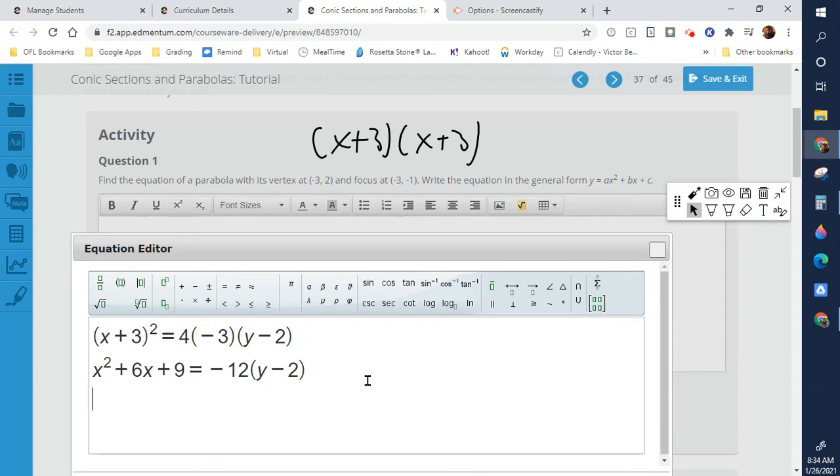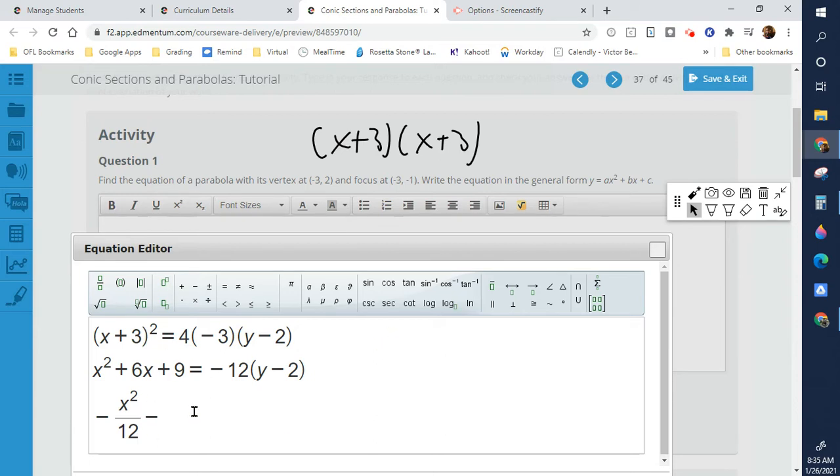So I'm going to get negative x squared over 12, plus, or actually we're dividing by -12, so it's minus, and 6 over 12 reduces.